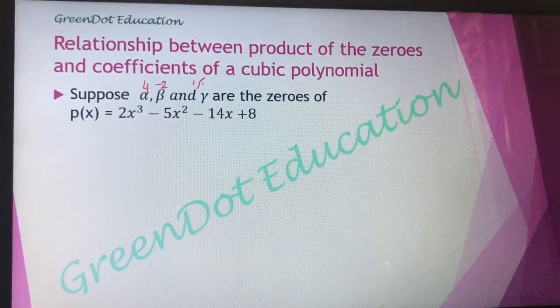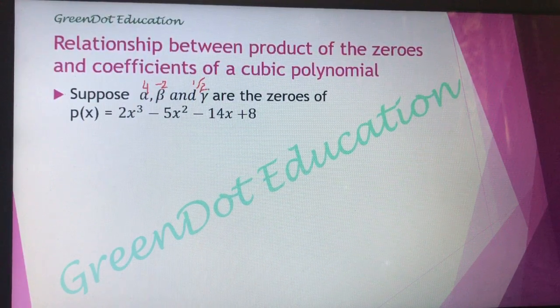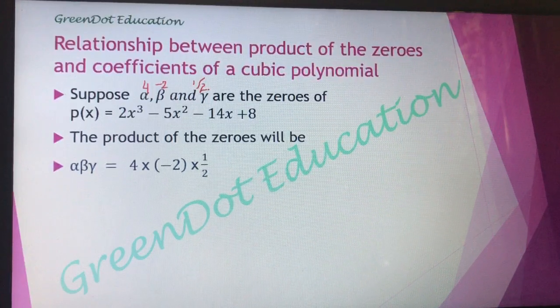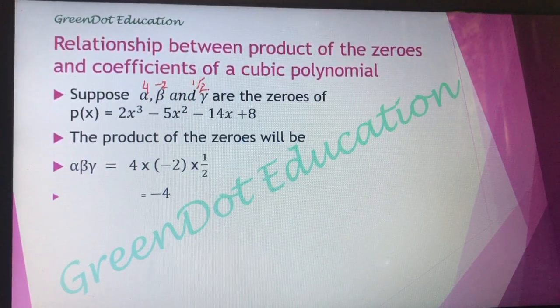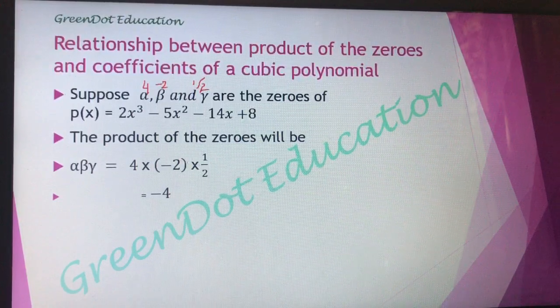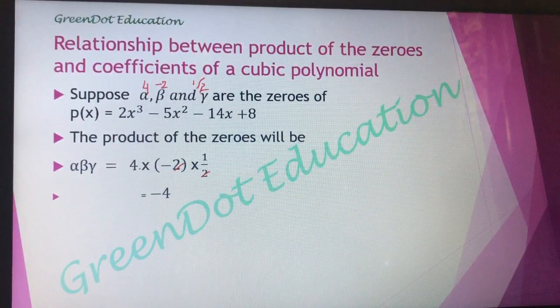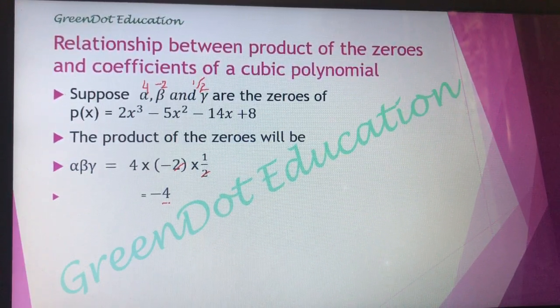Taking these three zeros into consideration, the product alpha beta gamma will be 4 multiplied by -2 multiplied by 1 upon 2. The 2 and this 2 get cancelled out, so -1 remains, and when -1 is multiplied by 4, we get -4.